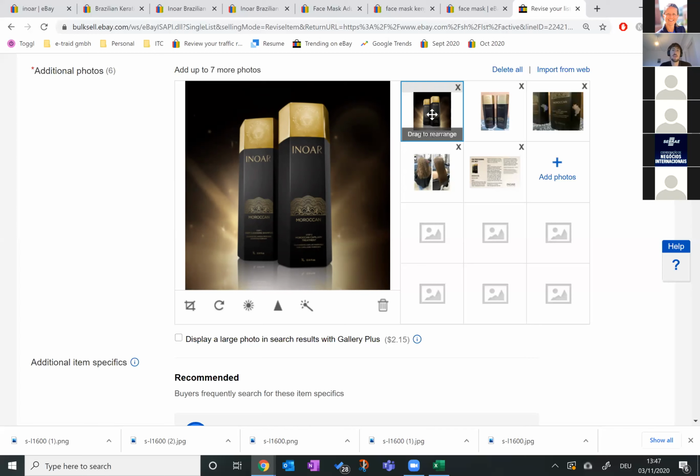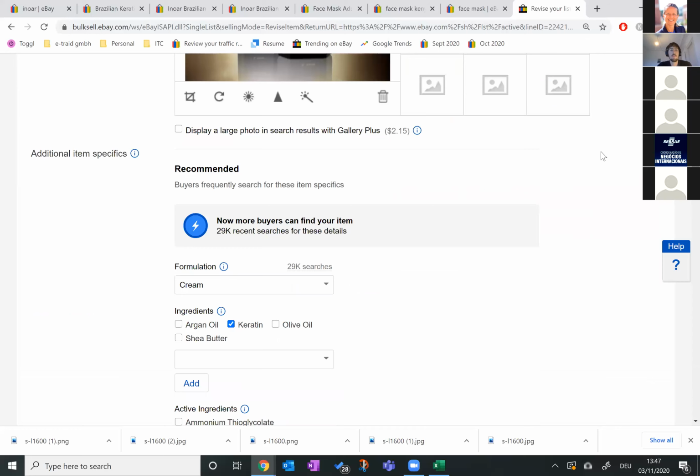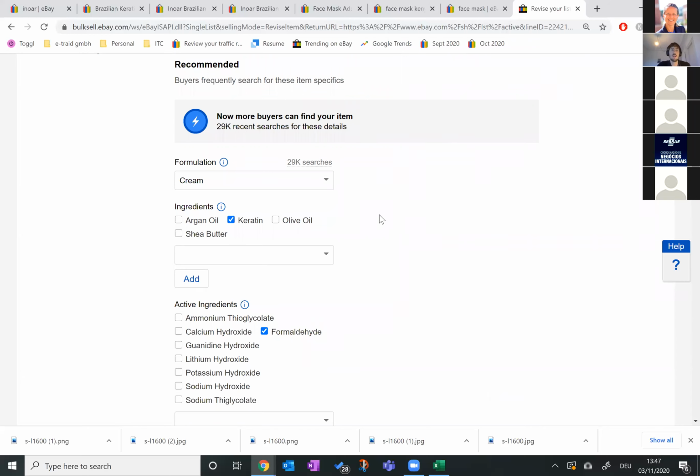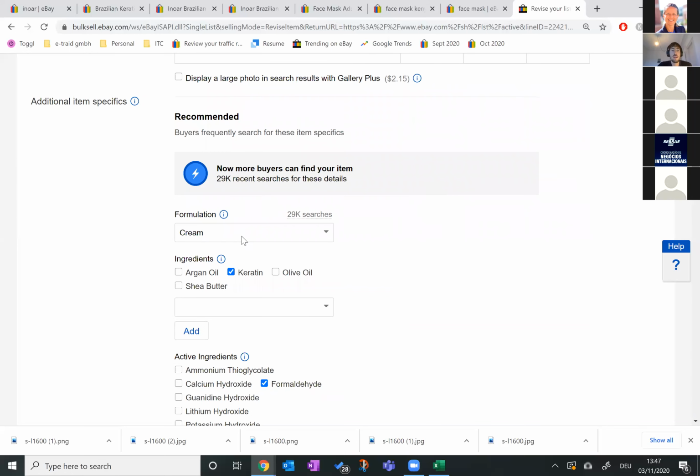And the point here is, for each additional image that you add, your likelihood of selling and converting goes up. Okay, the last point that I'm going to dwell on here is item specifics. Item specifics is essentially another opportunity to include keywords which are relevant for search. In this case, our product is a cream product.